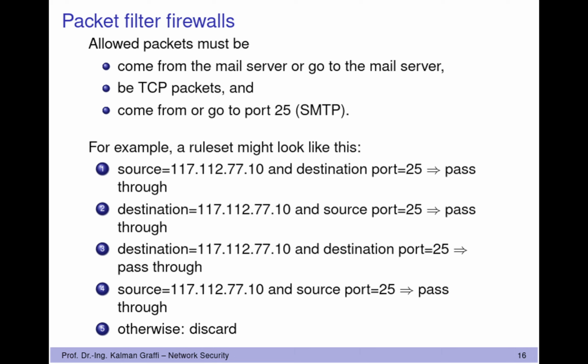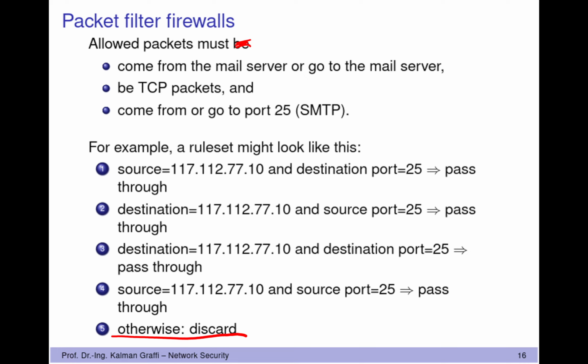All packets must come from the mail server or go to the mail server. All other servers we do not consider, so as a default we have to discard messages, and now we want to see which messages we should in addition allow.